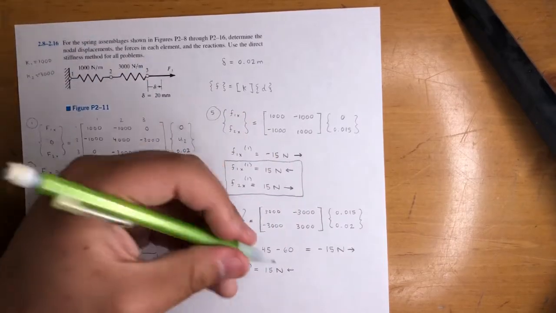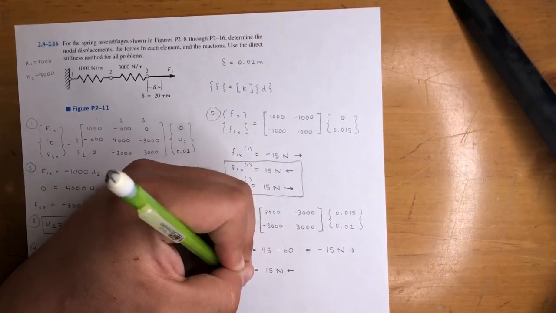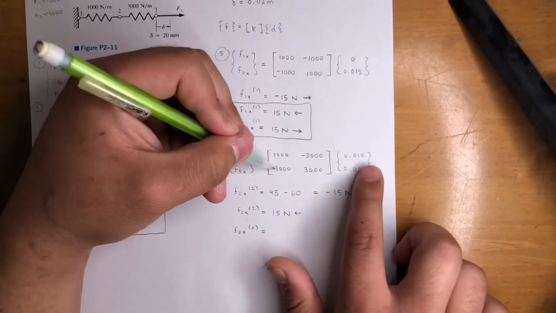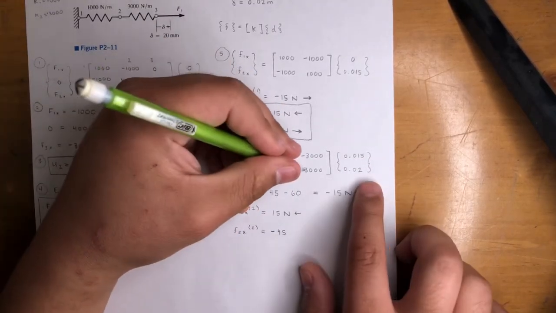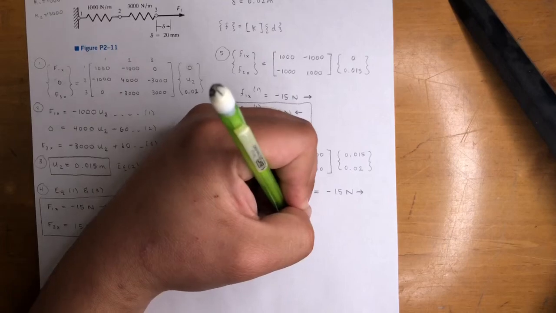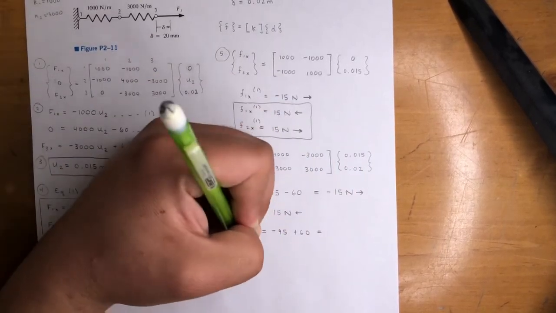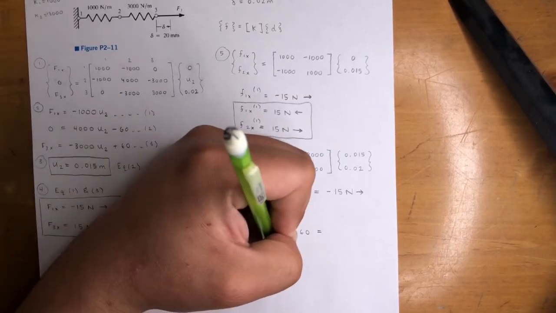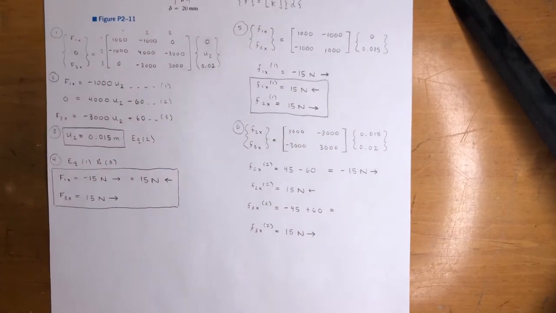So we got that one. Next one, F3x of element 2 is equal to negative 3,000 times that, so it's negative 45 plus 3,000 times that plus 60, is equal to 15 newtons going that way. So it makes sense, right?